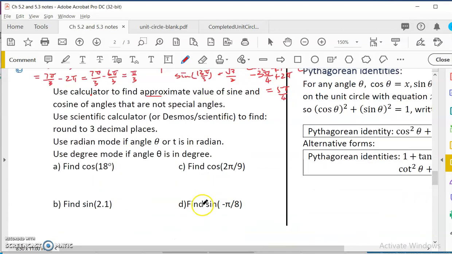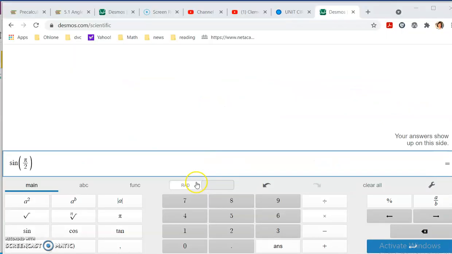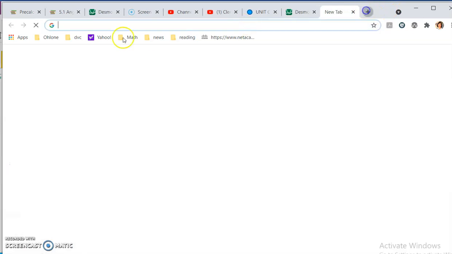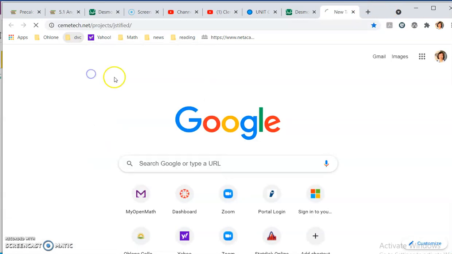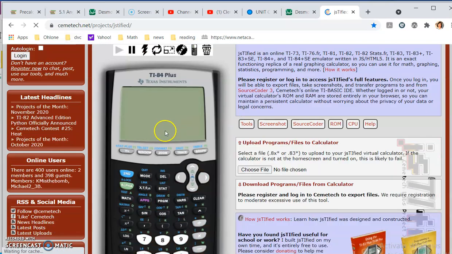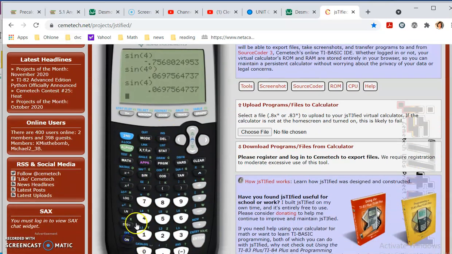So for sine and cosine, basically you use a scientific calculator. If you have a graphing calculator or a real scientific calculator, you can use this one. Turn it on, clear all this. You want to make sure that your mode is degree mode or radian mode.